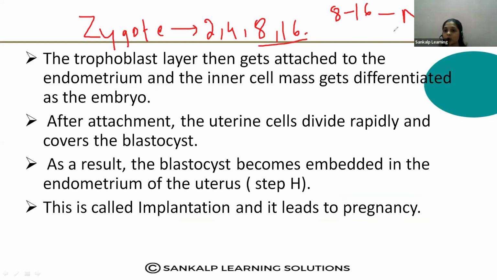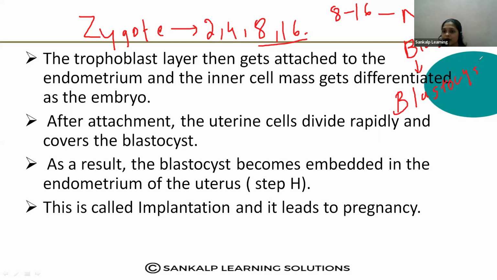Then this morula will develop into a blastula, but it is not mentioned in your NCERT, but it is important. The morula develops into a blastula, and this blastula develops into a blastocyst.